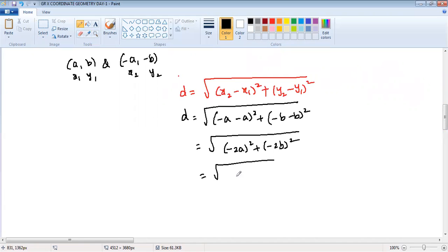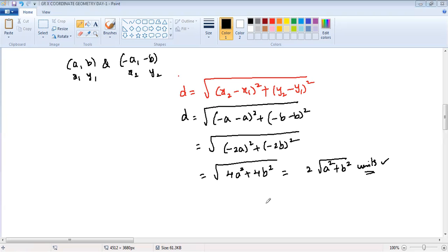So 4a square plus 4b square. We can take out 4. When you take out 4, root 4 is 2, so 2 into root over a square plus b square units. That's all. This completes the solution of this one. See, what we have applied is the distance formula. Now we are moving to the second problem.